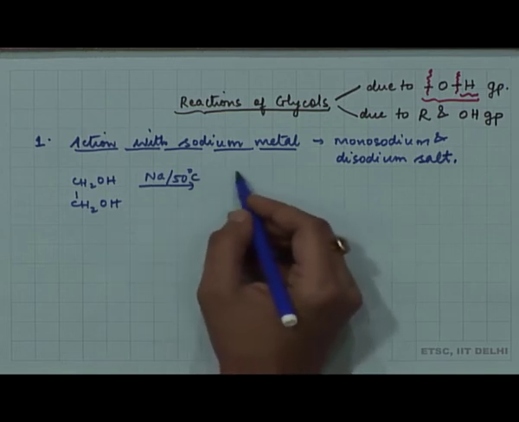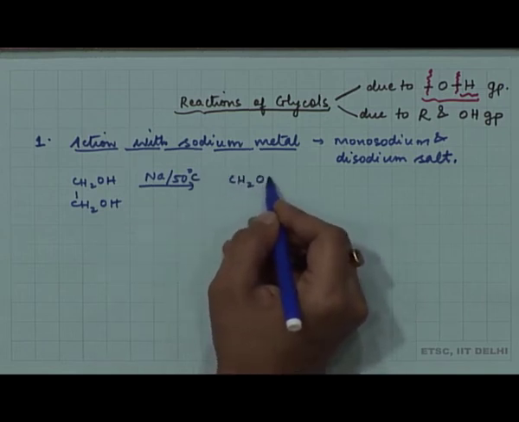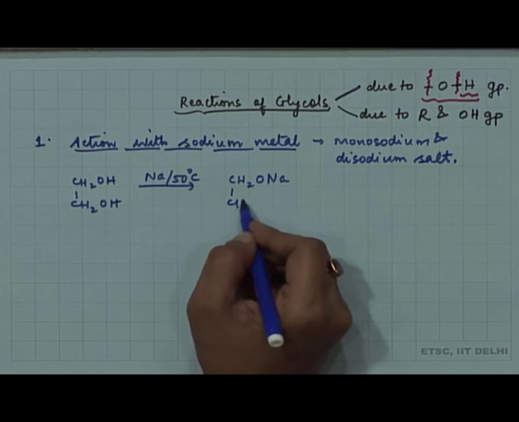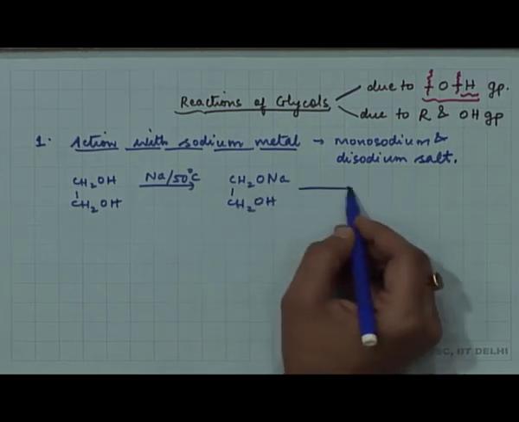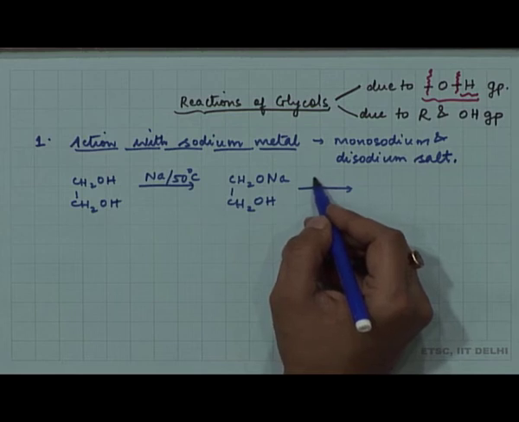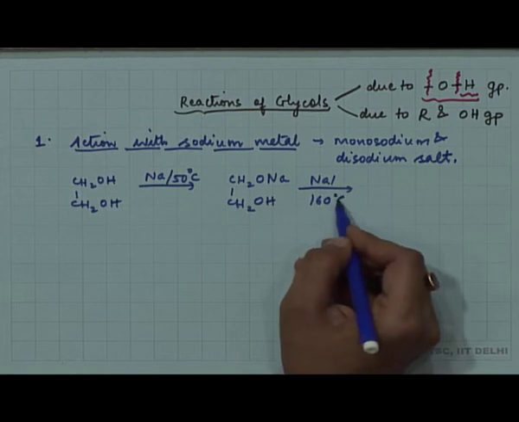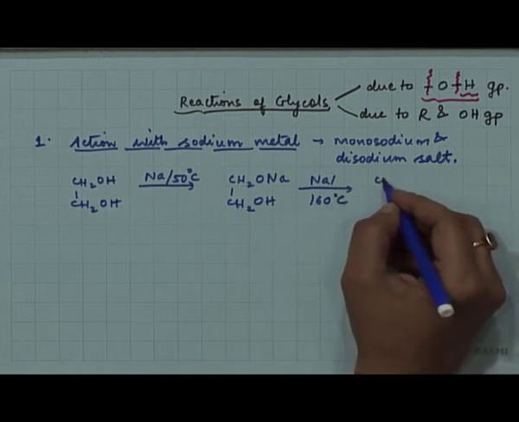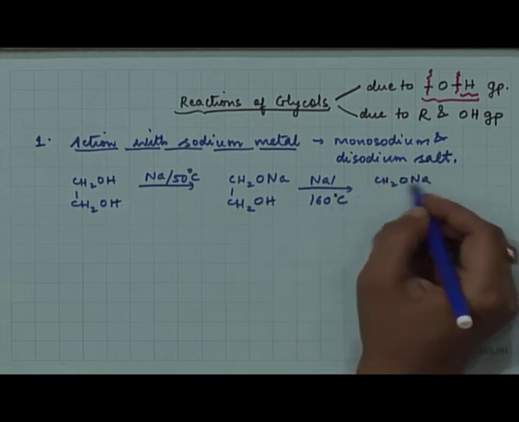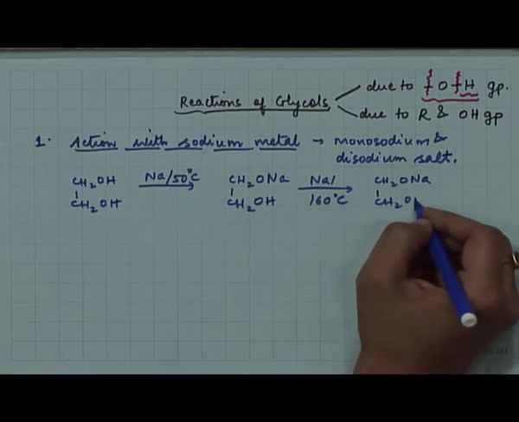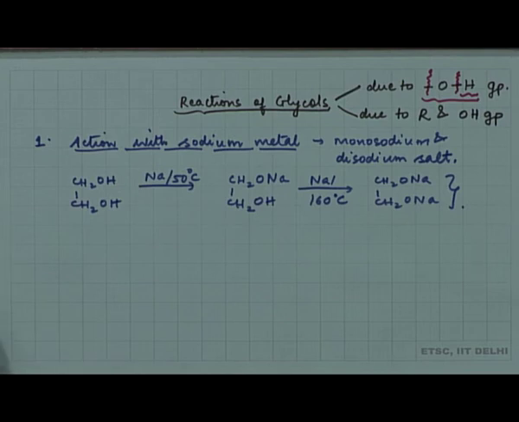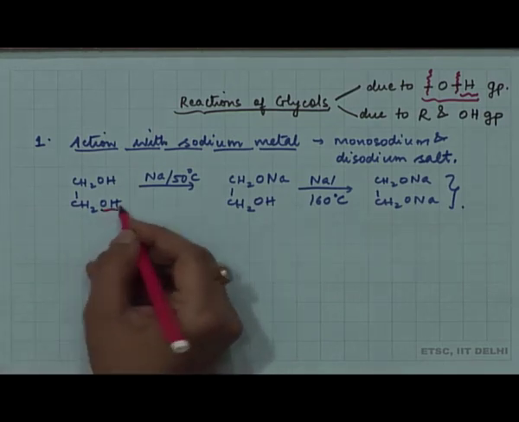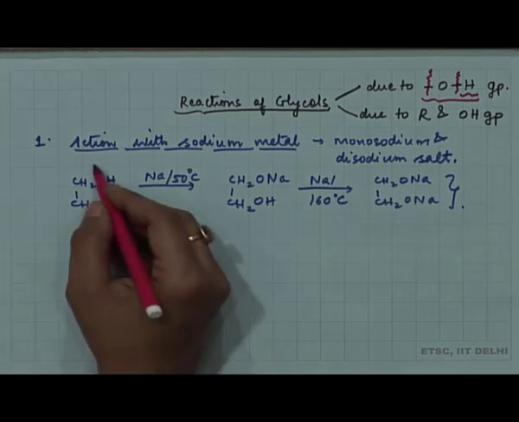At lower temperature conditions, you replace the first hydrogen, and then for removing the next hydrogen from the diol, you have to elevate the temperature, and this is how you get the disodium salt. This is when you have both the hydroxyls as a 1 degree alcohol.